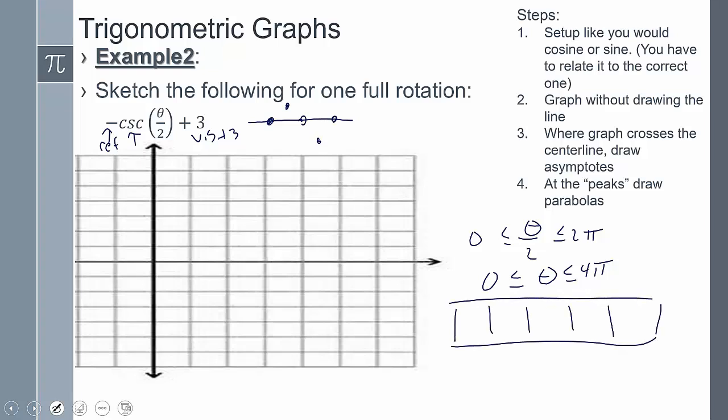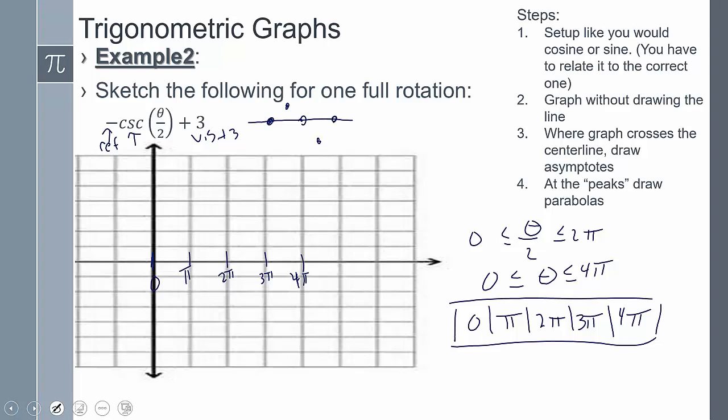Starts at 0, ends at 4 pi. Add them together, divide by 2, add them together, divide by 2, add them together, divide by 2. It's going up and down by pi. So I can label that. We have 0, we have pi, 2 pi, 3 pi, and 4 pi.